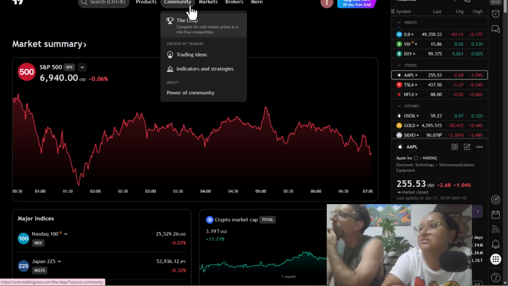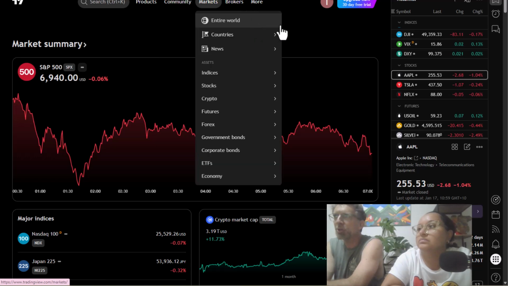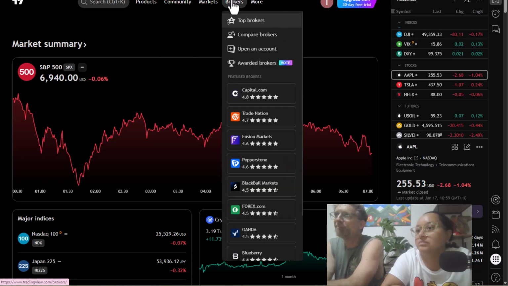Okay. So TradingView is one of the best software for being able to visualize the different time frames, price actions, and movements of the coins for trading and buying purposes.